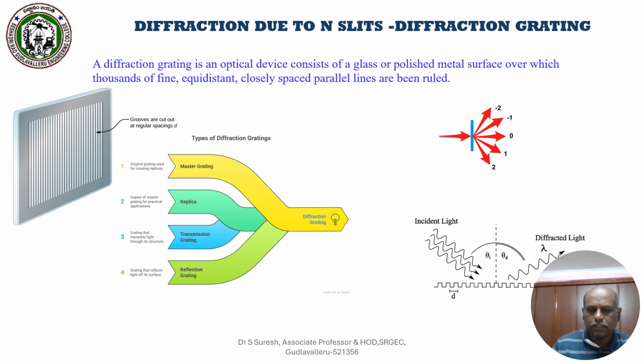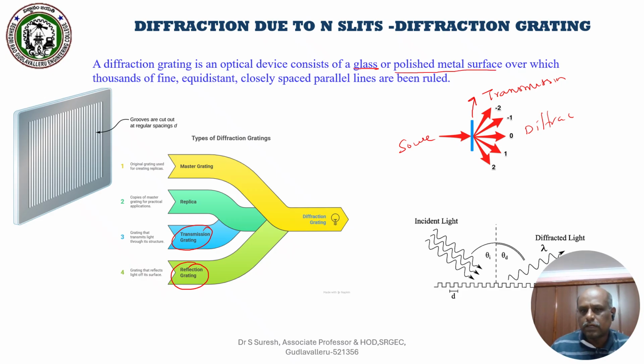Then further we can define, as I told you, a transmission grating and a reflection grating. If the source is on one side and the diffraction pattern is on the other side, what does it mean? This grating is acting like a transmission type. So lines drawn on a glass act like a transmission type of grating. Whereas if you draw lines on a polished metal surface, what happens?